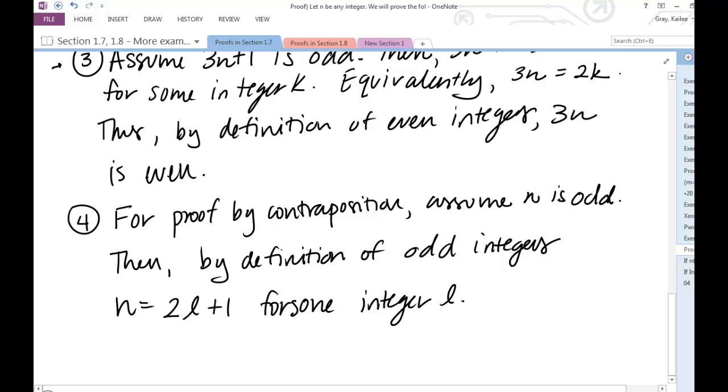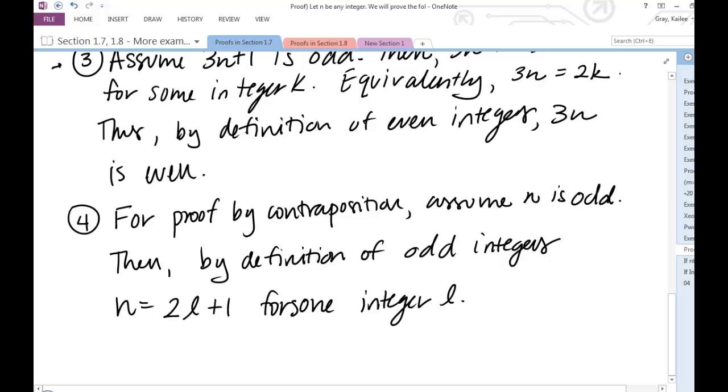We're trying to conclude something about 3n. Now, you might be saying, well, an odd integer times an odd integer is odd. I totally agree. But if you're going to reference that in your proof, you need to be able to prove that statement. Pretty much what we're doing here is proving a specific case of that statement.